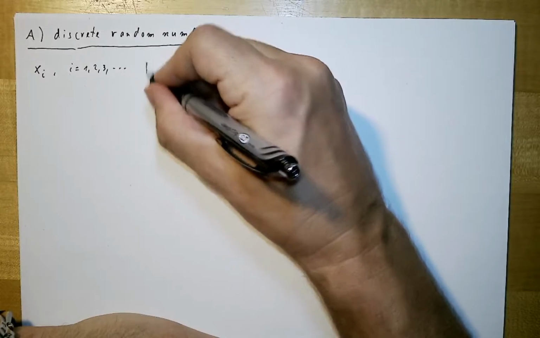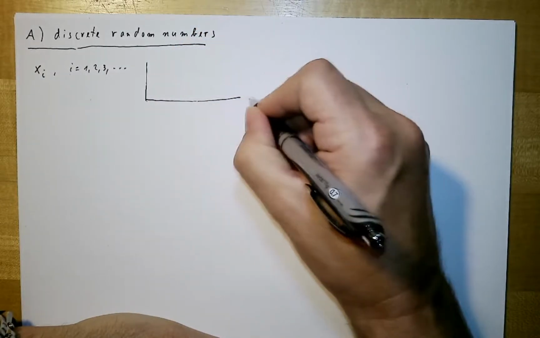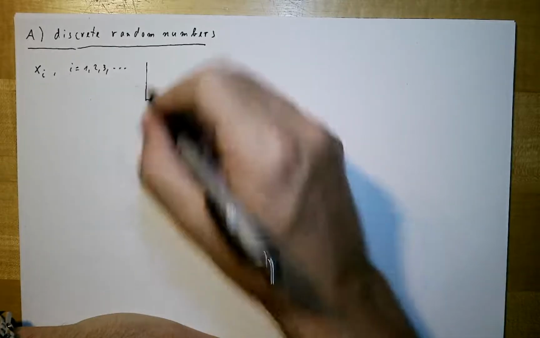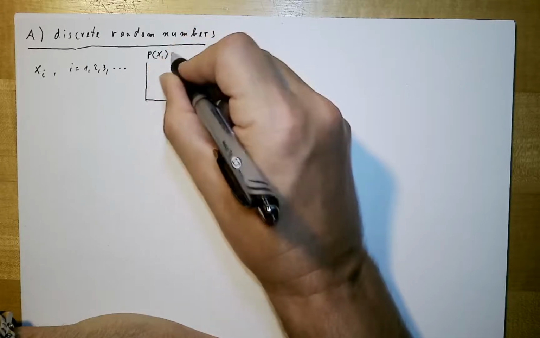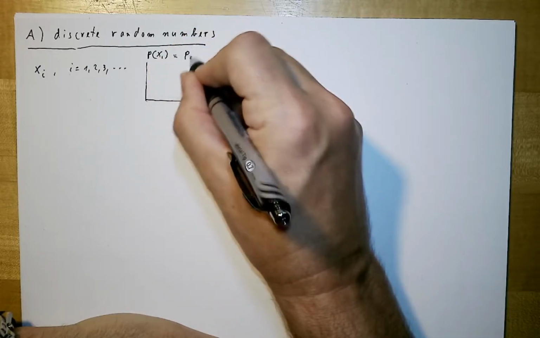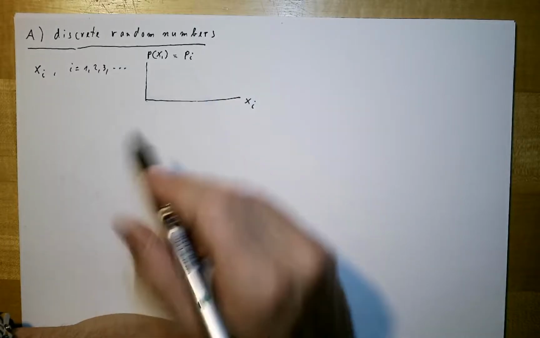So the distribution, in this case, as we have seen, has the possible x_i's and the probabilities of these x_i's. Sometimes we also say just p_i, meaning the probability of the ith random number.